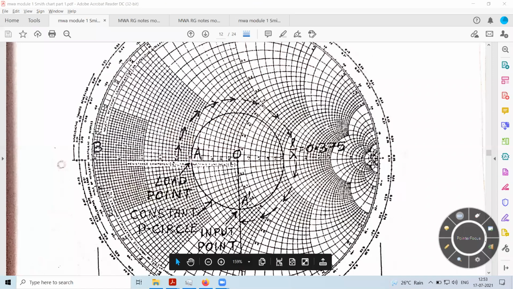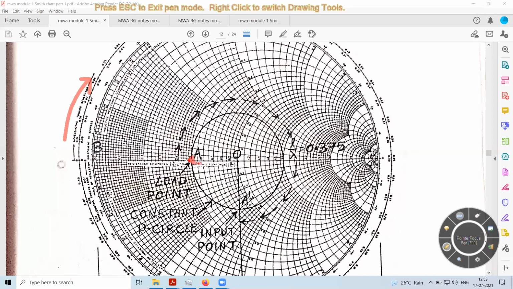If I have to move towards the generator, I have to move in the clockwise direction. From this load point, I will traverse a distance of 0.375. If this is 0, I have to traverse a distance of 0.375 from this point.